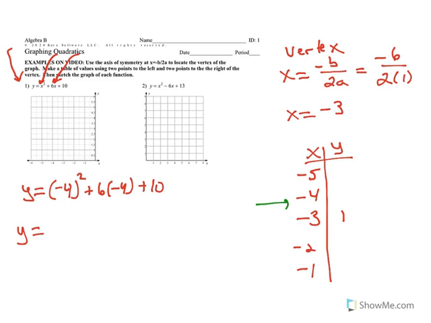And we'll do the arithmetic on this. -4 squared, that's a negative times a negative, so it's positive, so positive 16 minus 24 plus 10. And 16 minus 24 plus 10, that should get you 2. So there's your second point.